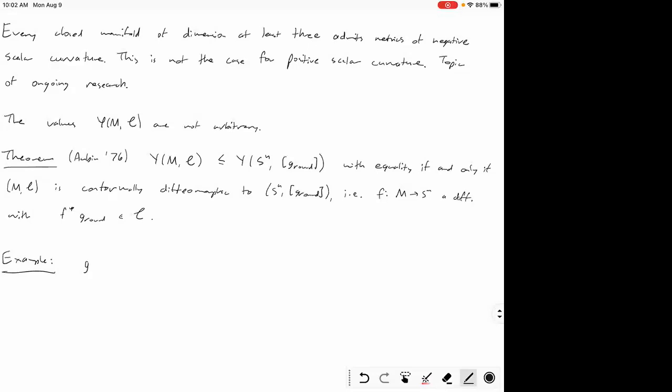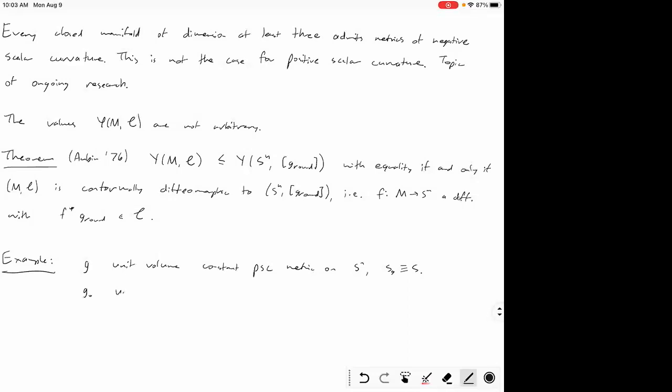So let g be a unit volume constant positive scalar curvature metric on S^n, and let's denote its scalar curvature by S. Here I've just taken the round metric and rescaled it so the volume is 1.